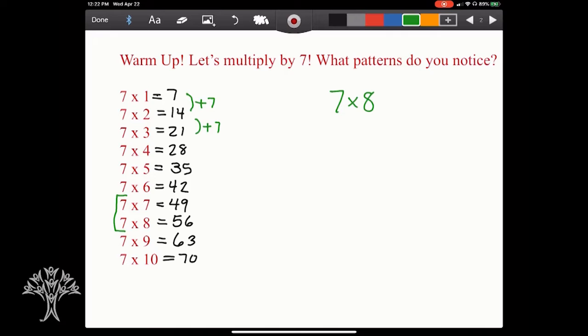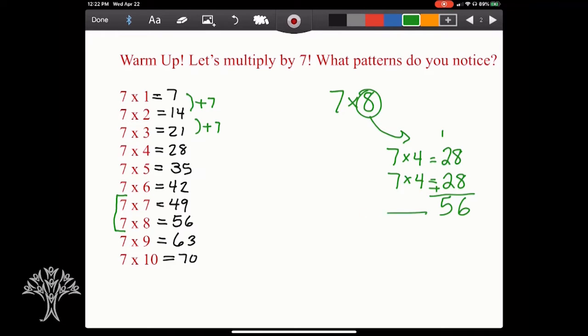There's a couple ways that I could think about 7 times 8 if it's one that I really struggle with. One way I could think about that is I could say, well, it's like having two 7 times 4 because I can break up the 8. So that's like having a 28 and a 28, and I could add those together. So I get that same answer. That's one way that I can do it.